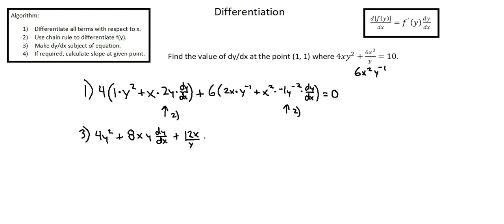Next term, 6 times x squared times negative y to the power of negative 2 times dy over dx.